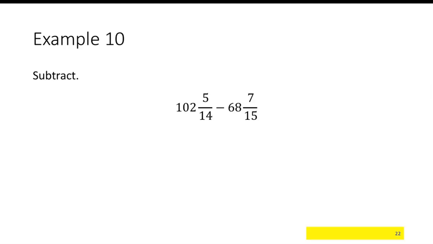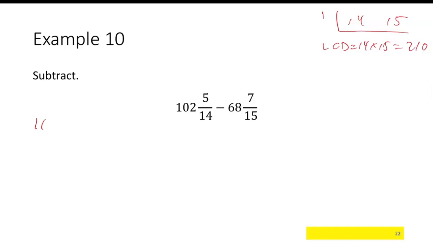If I want to subtract 102 and 5/14 minus 68 and 7/15, first, 14 and 15 have no common factors, so the least common denominator is going to be 14 times 15, which is 210.